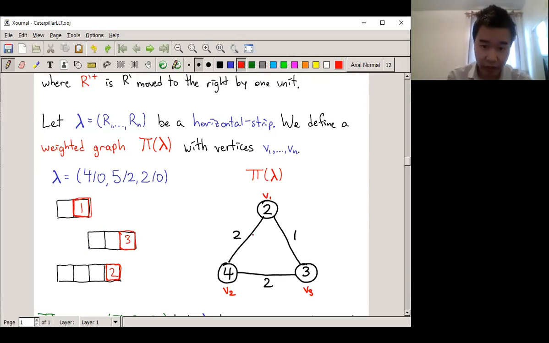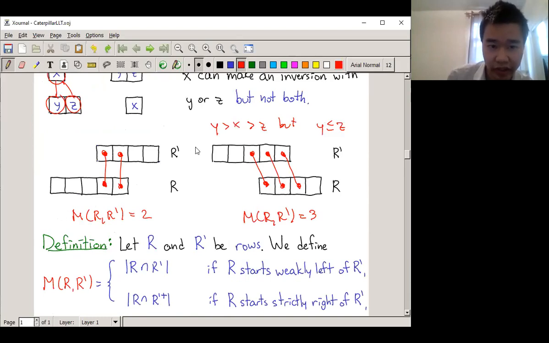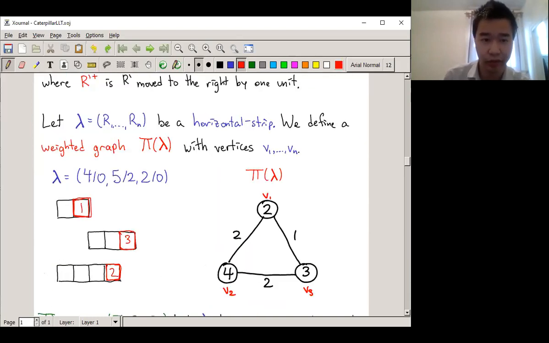And then I'm also going to weight the edges. The weight of the edge between v1 and v2 is just going to be this quantity here that tells me the maximum number of inversions I can get between the rows labeled 1 and 2. So between these rows, I can get 2 inversions.